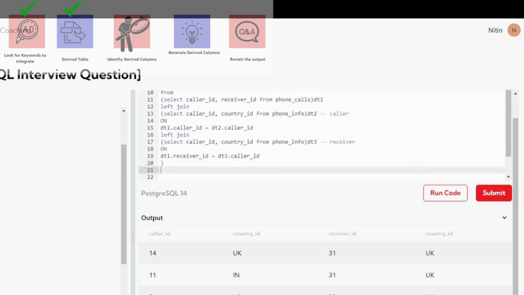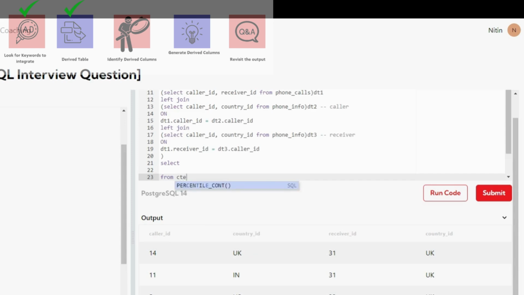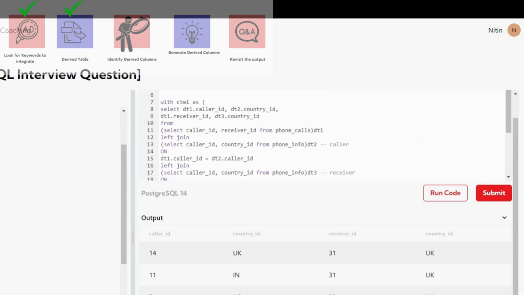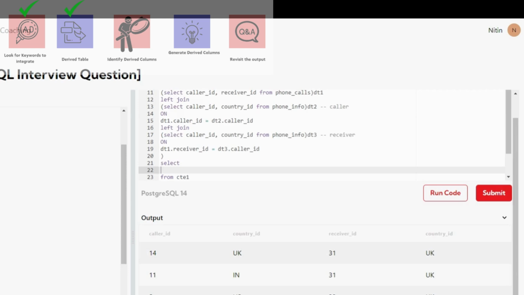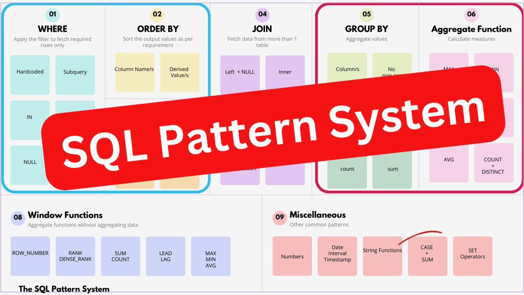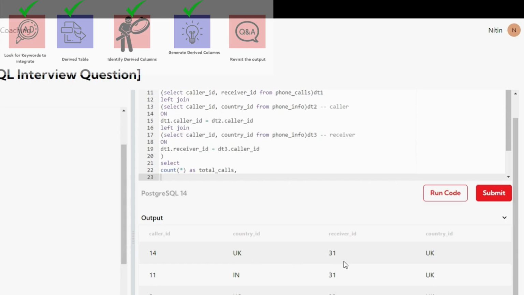And then I will do from CTE1, and I need count star as total calls, and then I will use a very popular SQL pattern, case along with the sum, because in this case, if the records are from the same country, like the UK and UK, both caller and receiver are from the same country, I don't have to consider this record. But this record where caller is from India and the receiver is from UK, I have to consider it, right?